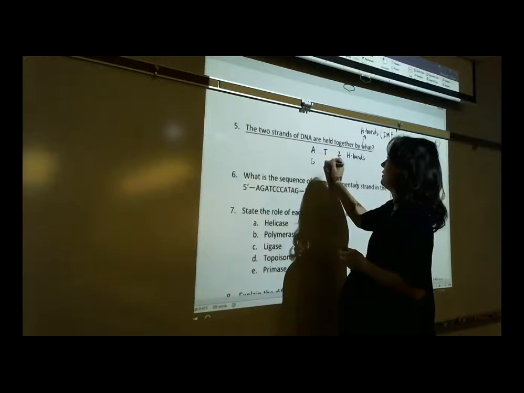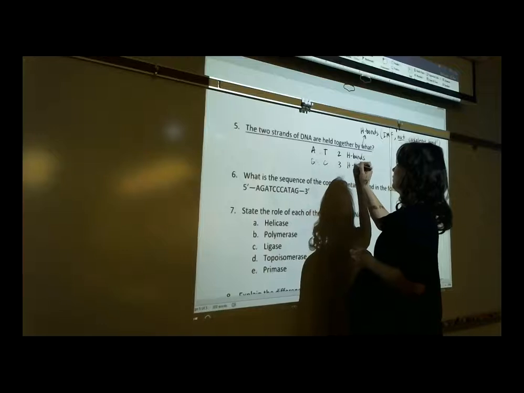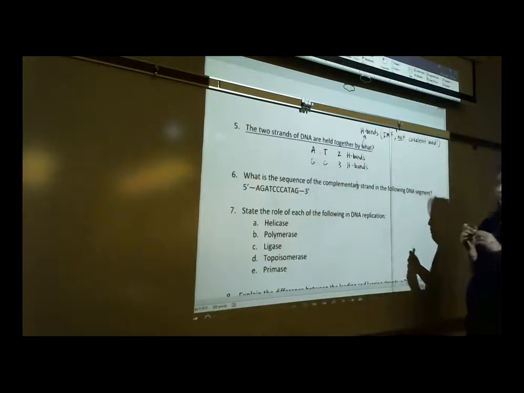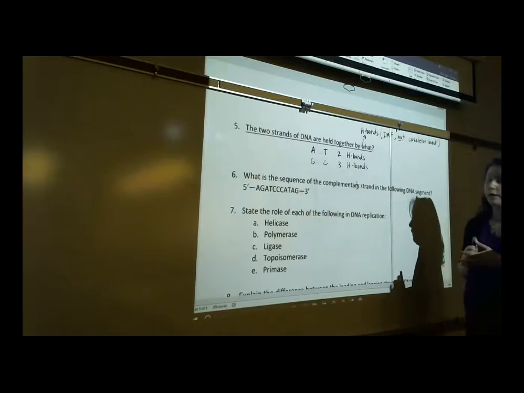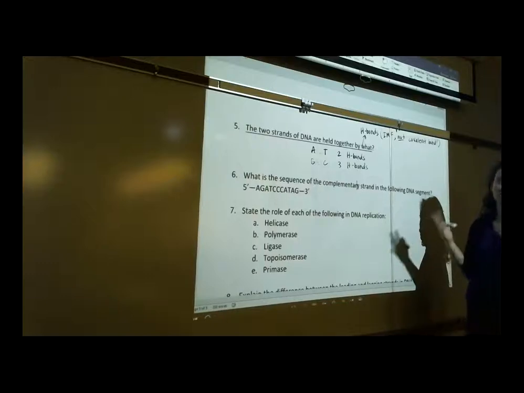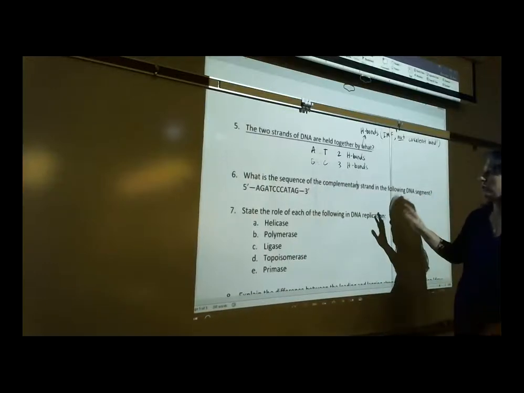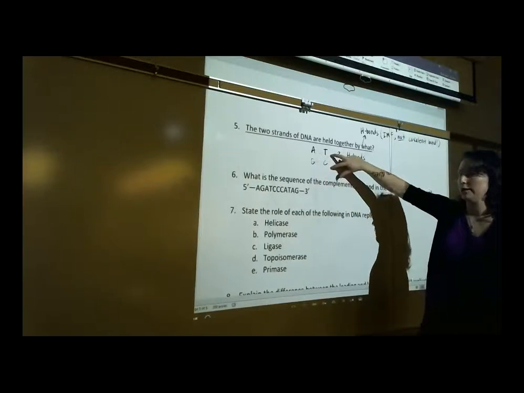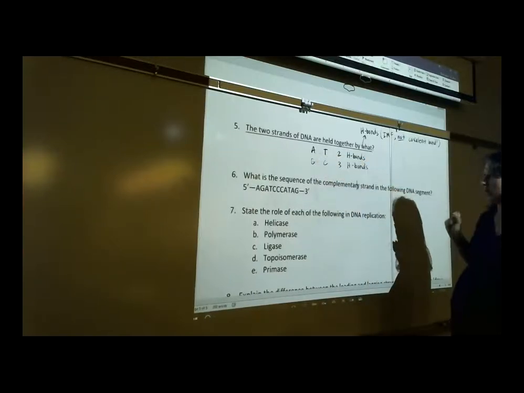And G and C have 3 hydrogen bonds. Okay, so collectively those hydrogen bonds are strong. If you've got a sequence of 10 million, collectively those hydrogen bonds do all add up, but I want you to know that there's no sharing of electrons going on here. These are not covalent bonds. These are intermolecular forces, and that's what's significant.